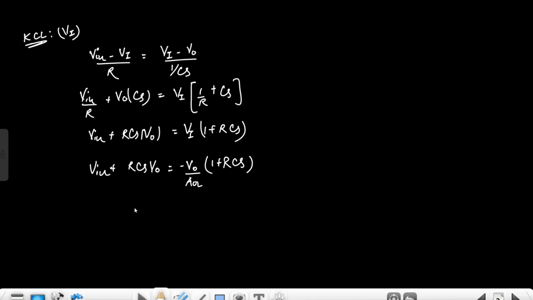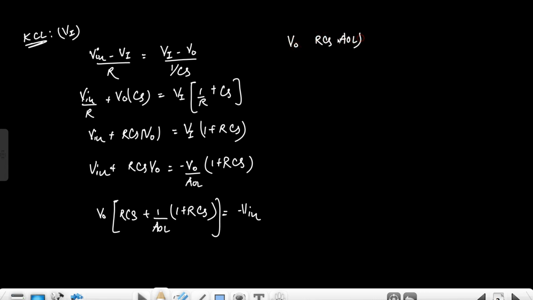Taking this term to the left hand side and this to the right hand side, V naught is common, and this will be RCS plus 1 plus RCS upon AOL, and this is equal to minus of Vin.